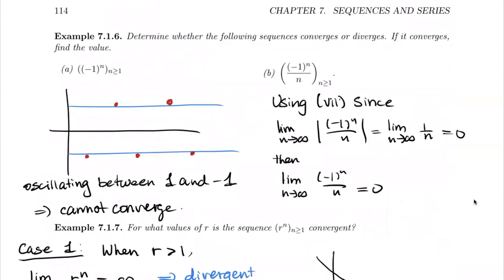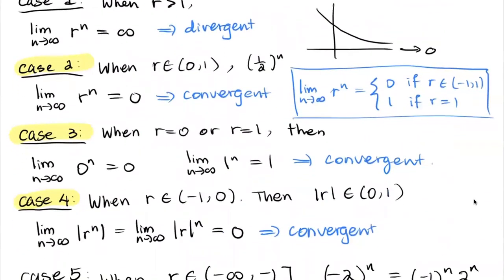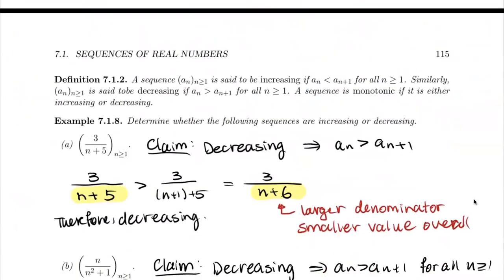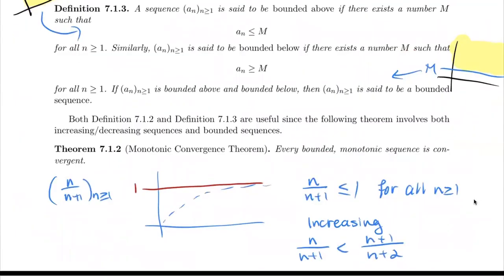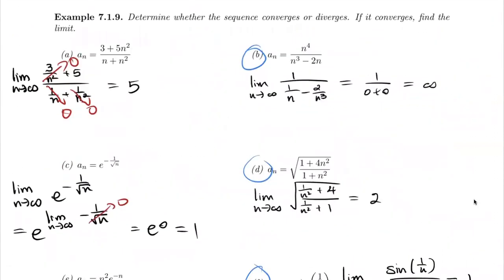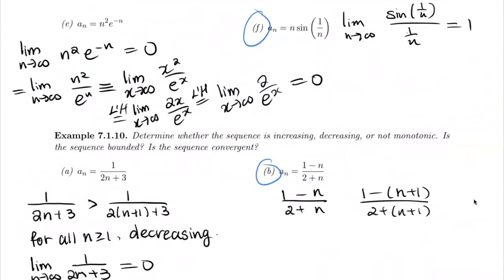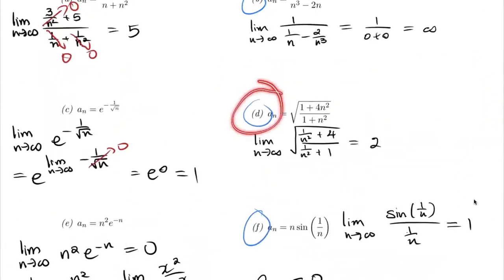We also looked at some other examples involving convergence or divergence of sequences, and at increasing, decreasing and bounded sequences as well. And that was basically it. We also had some examples, but I think last time I assigned these ones as exercises.